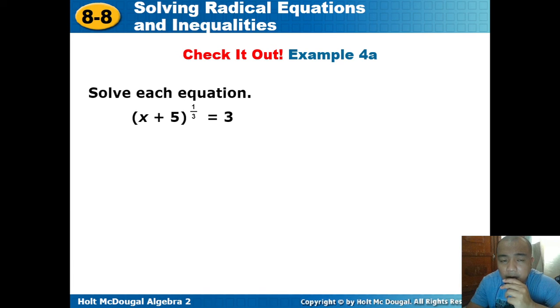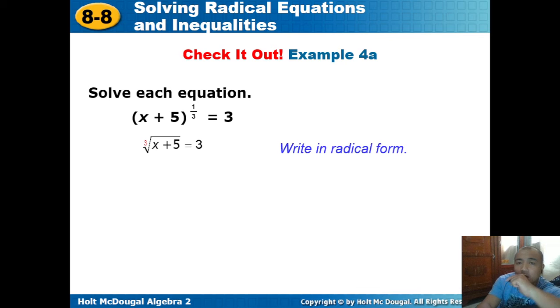Next, the quantity x plus 5 raised to 1/3 equals 3. The cube root of x plus 5 equals 3. Next step, cube both sides.